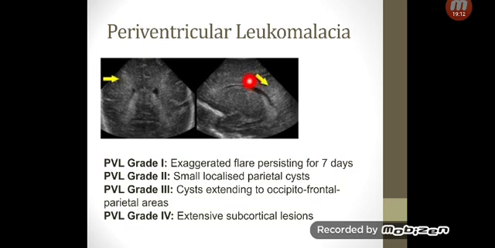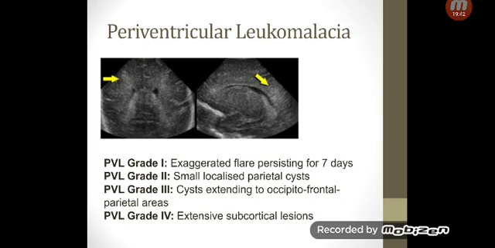The watershed areas are areas that are not getting a direct blood supply via an artery or an arteriole. They get their blood supply by water shedding from the distant capillaries that stop at some point there, and then the blood supply just diffuses to these areas. So these are the most liable areas to get ischemia with hypoxic events.